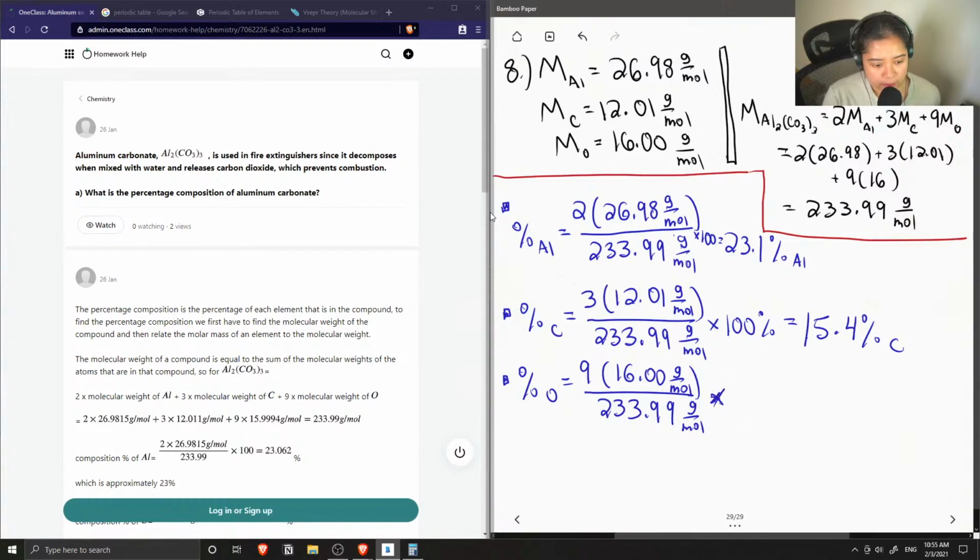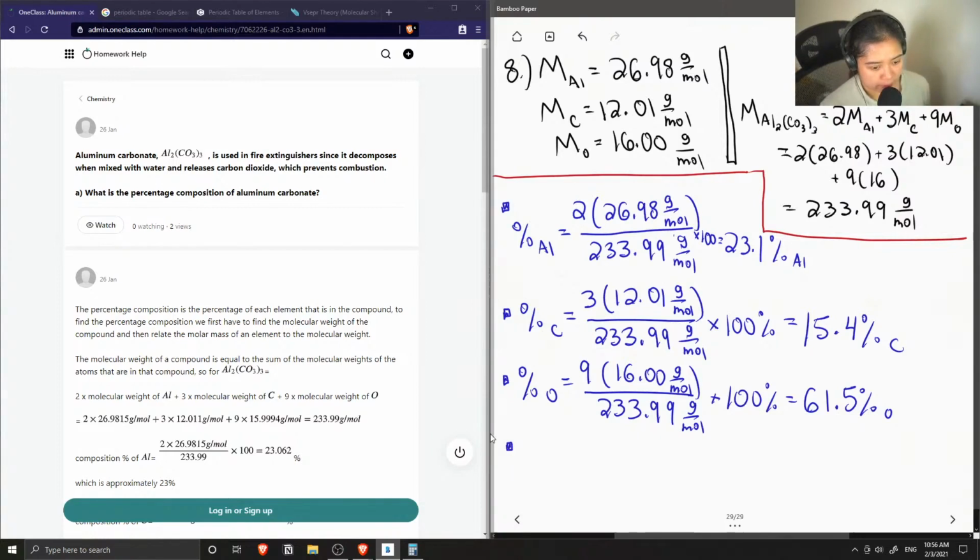And let's not forget to multiply by 100% to convert this decimal into a percentage. And we get 61.5% of this aluminum carbonate is oxygen.